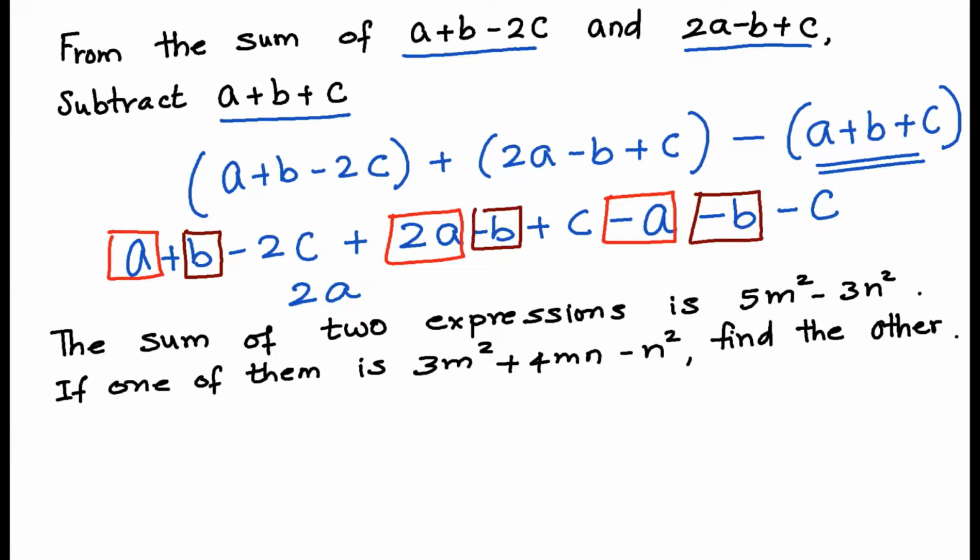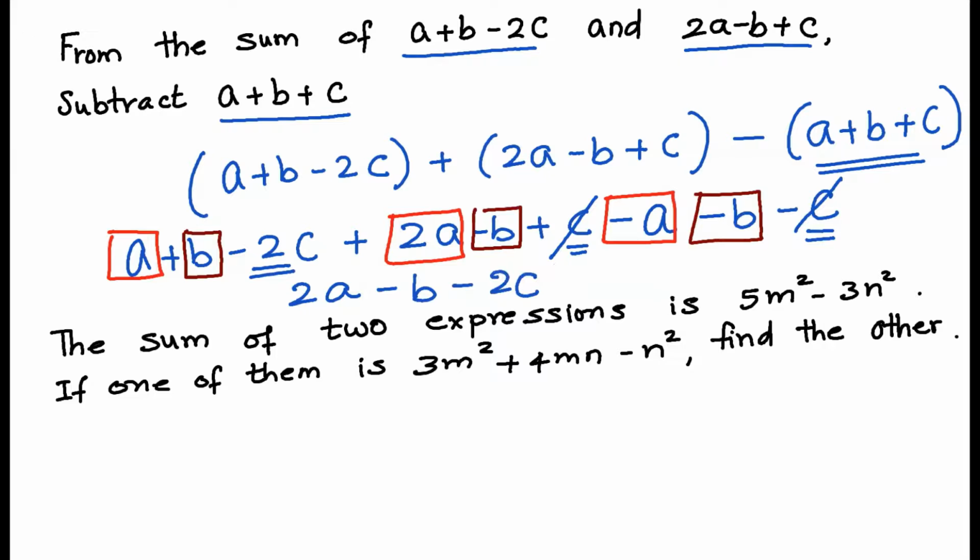So I'm going to be left with minus b. Then I have negative 2c, c, and negative c. And if you look carefully, c minus c is going to be 0, right? So this is going to basically cancel off, and I'm going to be left with minus 2c.